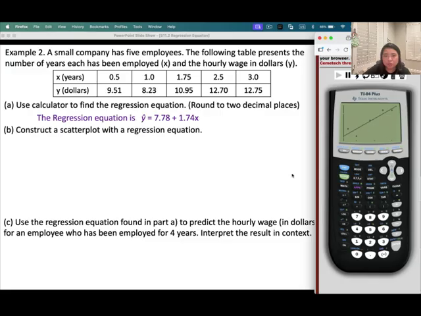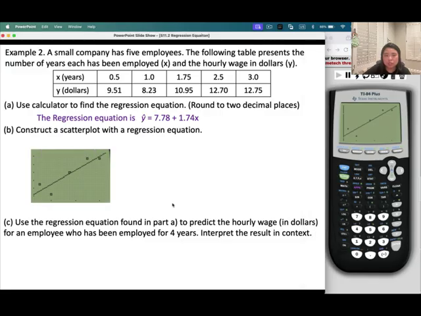Okay, copy this screen here. Make sure when you construct the scatter plot, that it is with the regression equation. For your scatter plot, make sure to include the title, label the x-axis and label the y-axis.